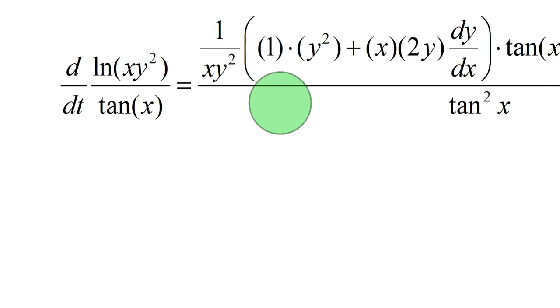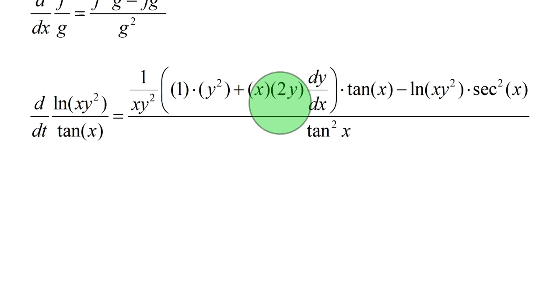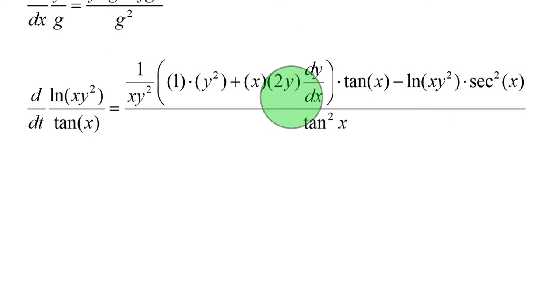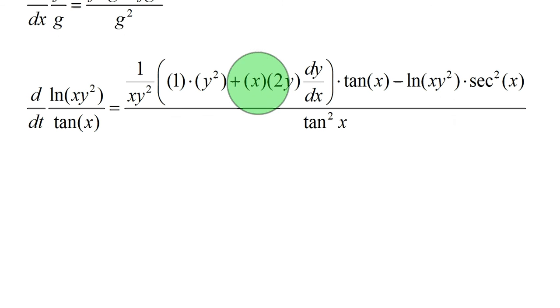So anyway, we did all that, we got to this, and pretty much from there all you have to do is simplify. So as I said, this will become y squared, this will be plus 2xy dy dx, and all of that will actually go on the top of this fraction. You can put all of that over xy squared, multiply that by tan x, minus natural log of xy squared times secant squared x over tan squared x.